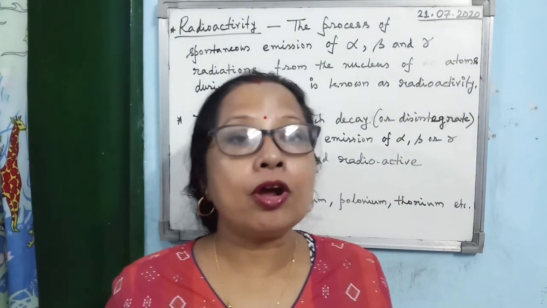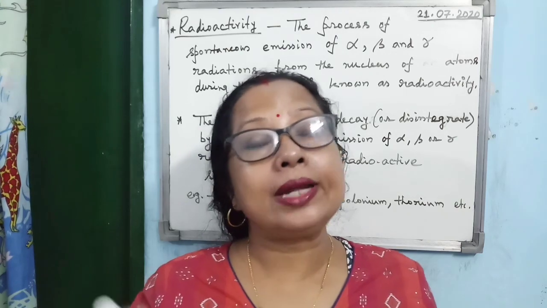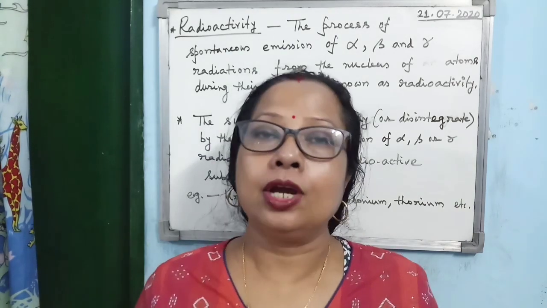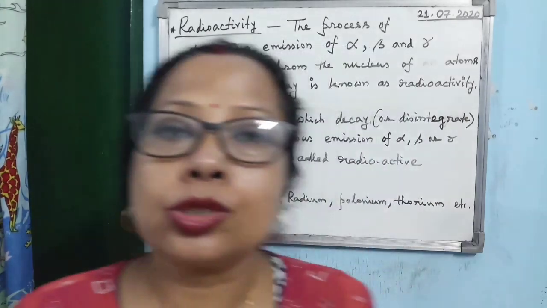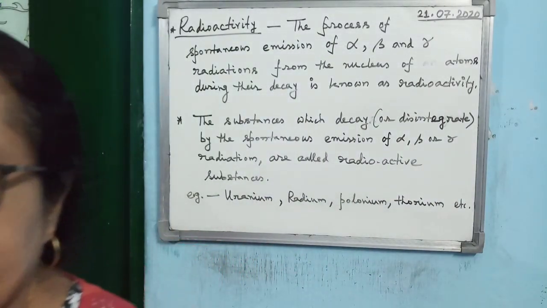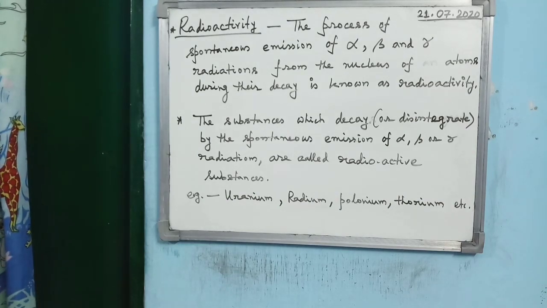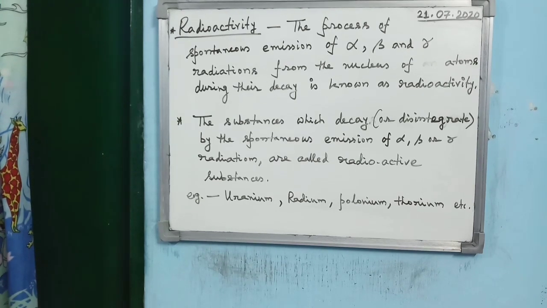In the periodic table, which you have learned in chemistry, most of the elements after lead exhibit radioactivity. Alright. So for exam purposes, you have to learn the definition of radioactivity. That's why I have noted down point-wise what radioactivity is, what radioactive substances are, and a few examples of radioactive substances.